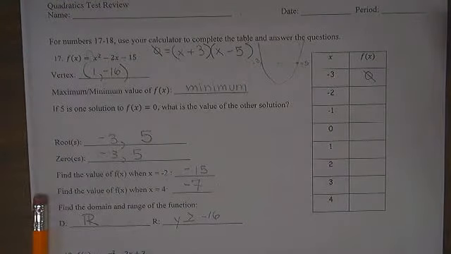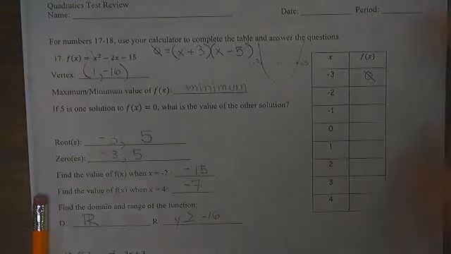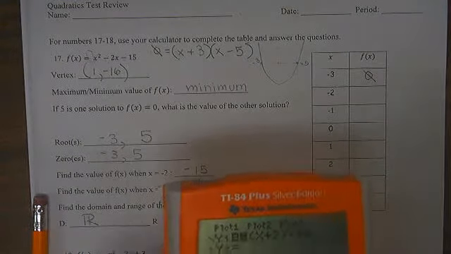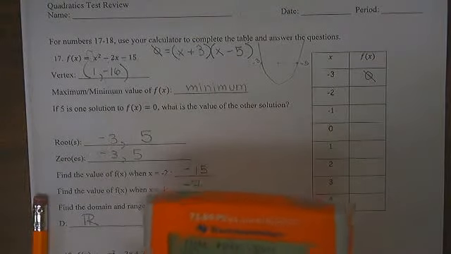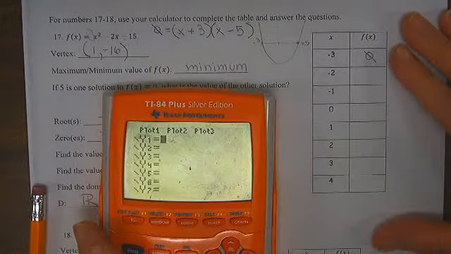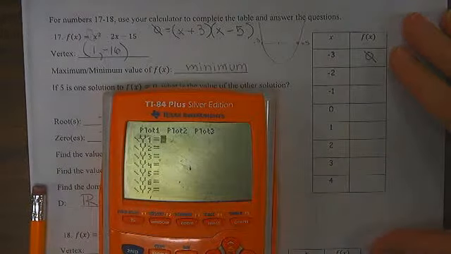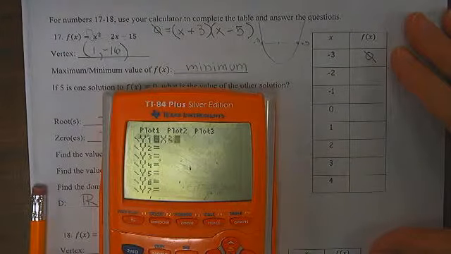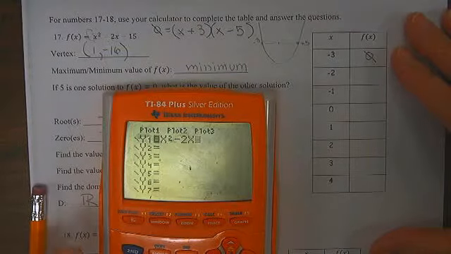Let's see how close I was to what the calculator gets. I shall turn it on. I shall clear this function, and I am going to type in x squared minus 2x minus 15.